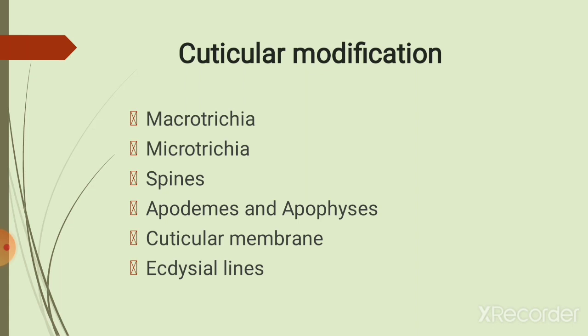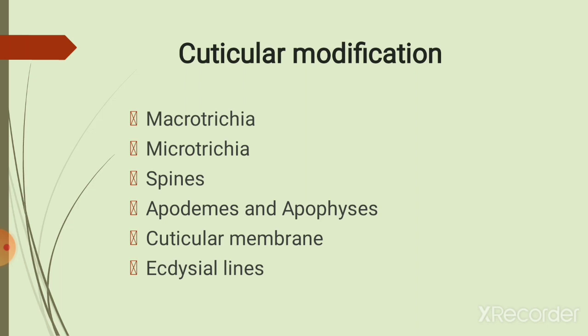Then the spines. Spines can be seen as cuticular processes in some insects. This structure represents highly modified cuticular processes and is of epidermal multicellular origin. Then apodemes and apophyses. And cuticular membrane.